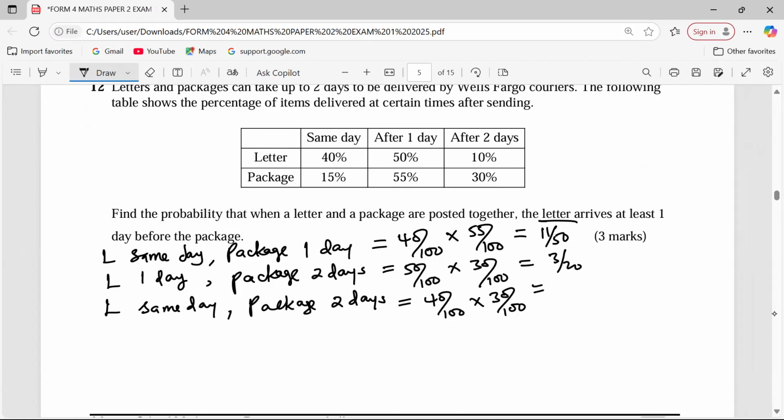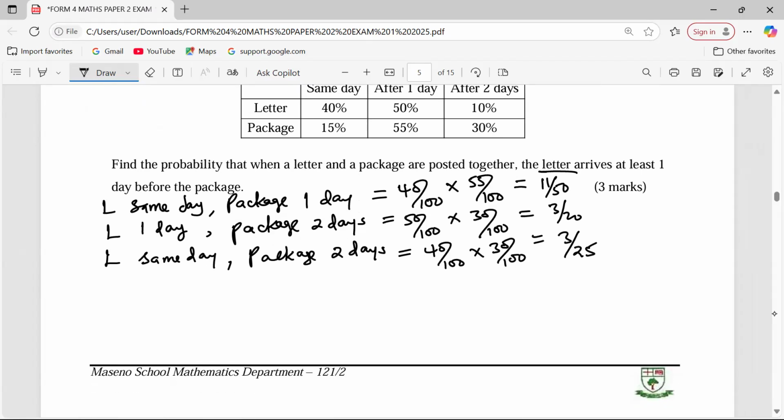And the last one, 3 over 25. Therefore, it should either be 11 over 50 or 3 over 20 or 3 over 25, which means addition.